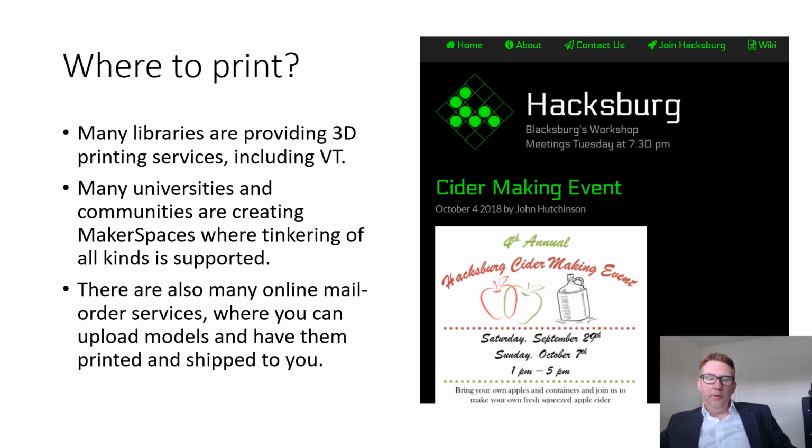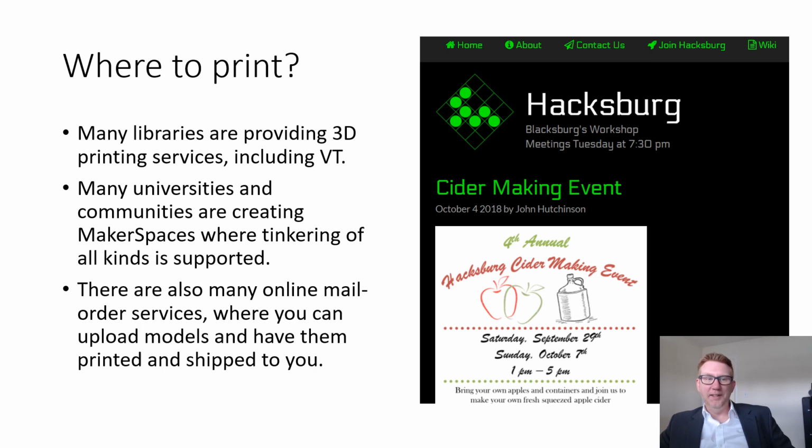Not everybody has their own 3D printer. They are getting cheaper and cheaper all the time, but there are many places in cities around the world where you can do this. I'm amazed at how quickly this technology has exploded. We have the benefit of having this stuff here at Virginia Tech, so the library has a bay of 3D printers that you can use in the design studio. Many universities are creating maker spaces, and Blacksburg has its own kind of maker group of tinkerers.